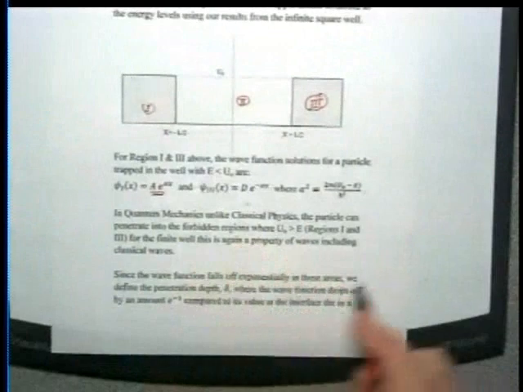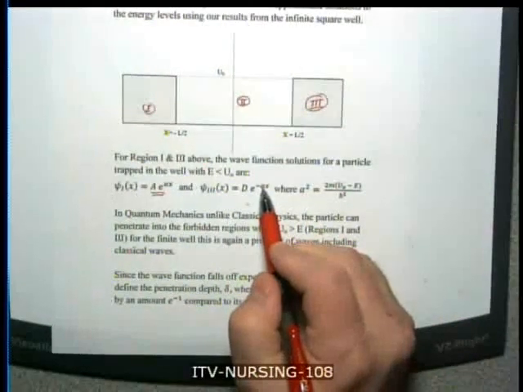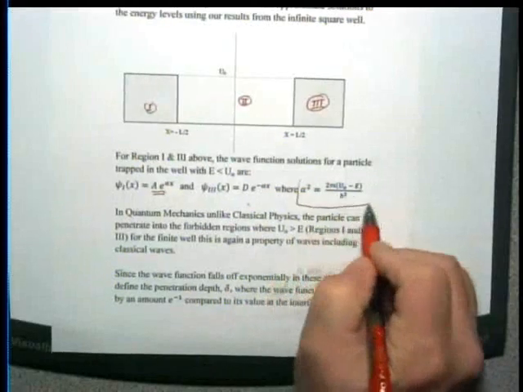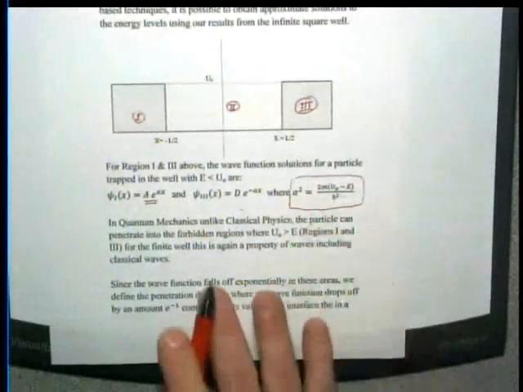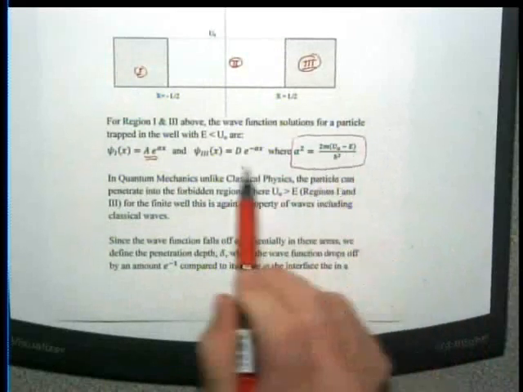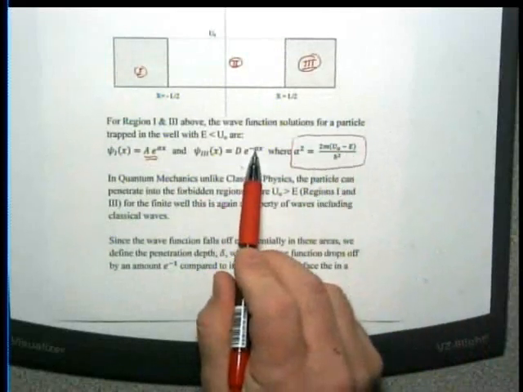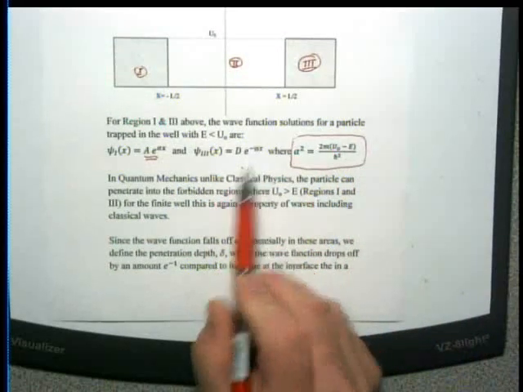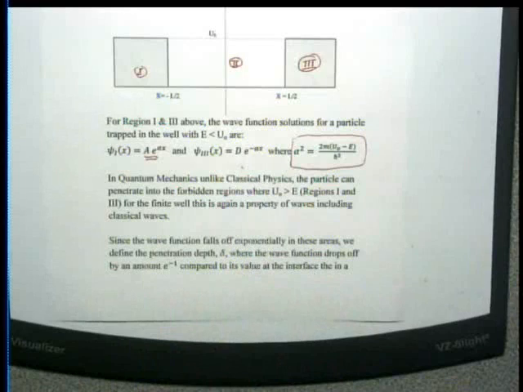And furthermore, you can find the alpha from Schrodinger's equation. The square of it is this. So if this U naught is much larger than this E, this alpha is very big and this thing decays very quickly. Now, the question is, where to decide on the new width of the box?